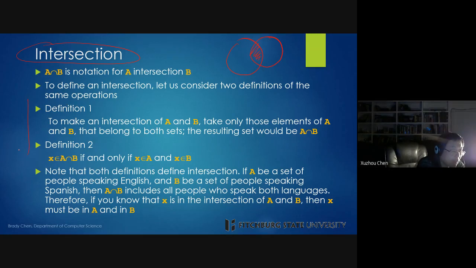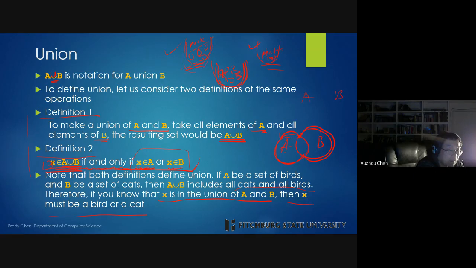To make the intersection of A and B, take only those elements of A and B that belong to both sets. The resulting set would be A intersection B. So in the example I just talked about, if one is a set of all rocks and the other is a set of all plastic boxes, the intersection should be empty, right?